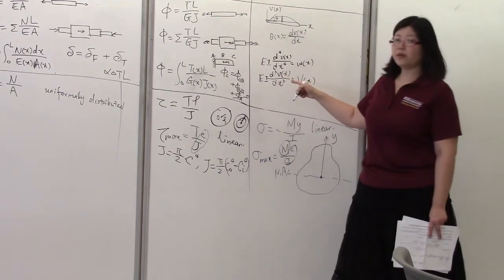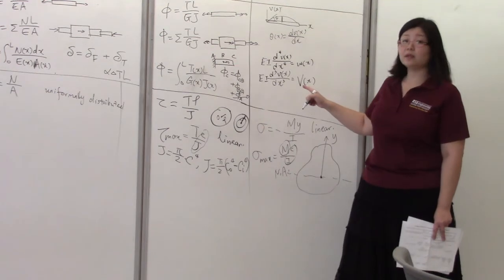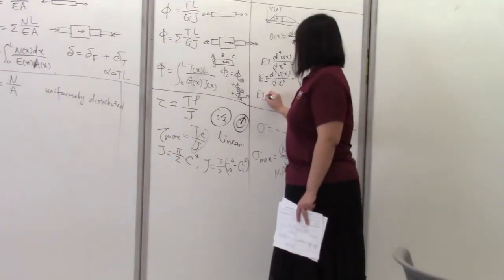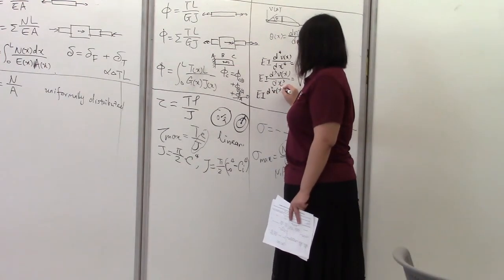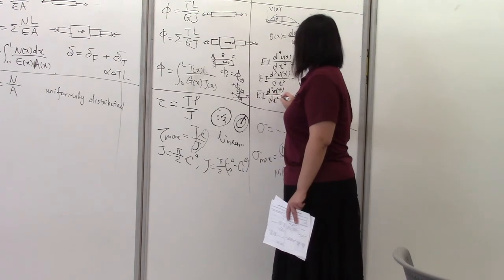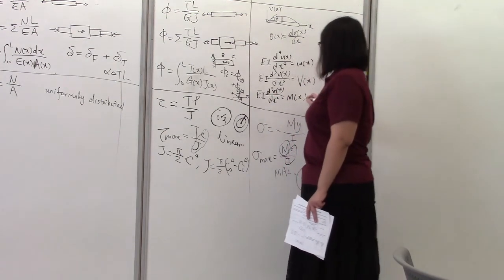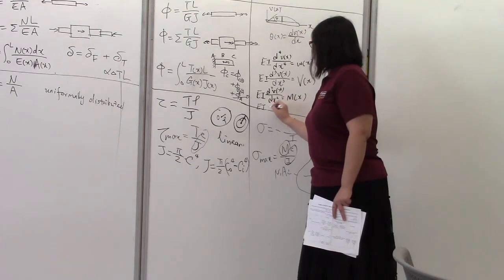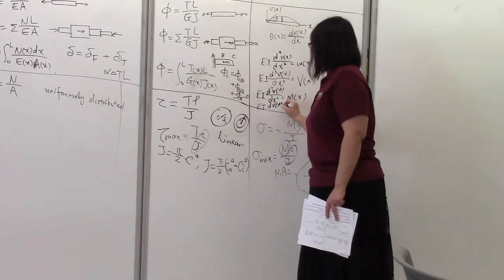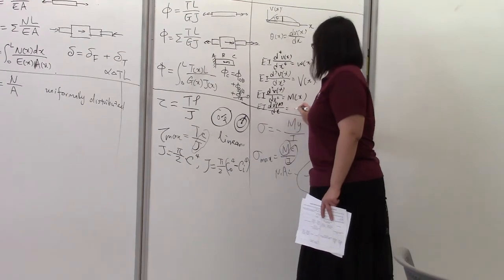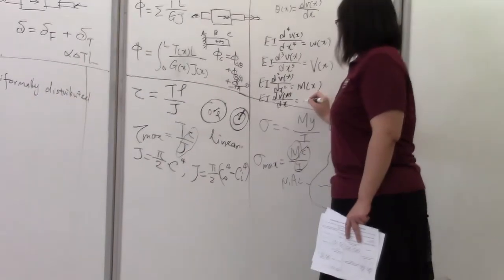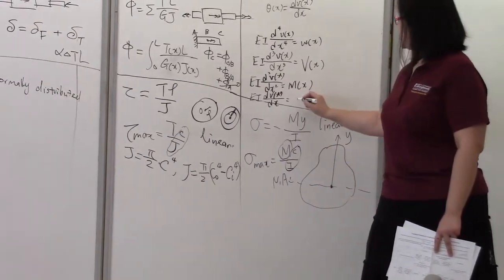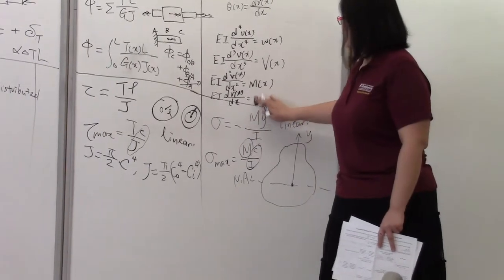The 3rd order differential equation is in terms of the internal shear force V, and the 2nd order differential equation is in terms of internal bending moment M. And if you integrate this once, you get slope that equals the integral of M. So that's EI times slope.